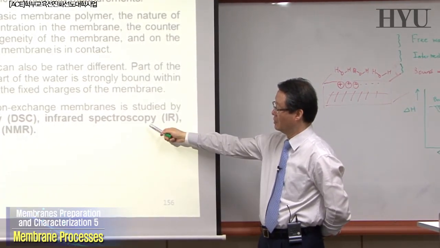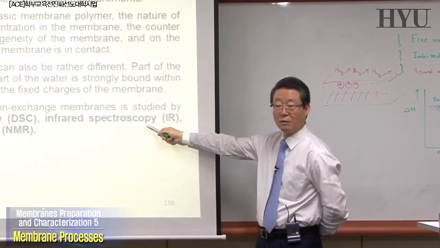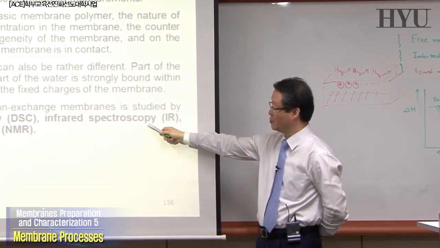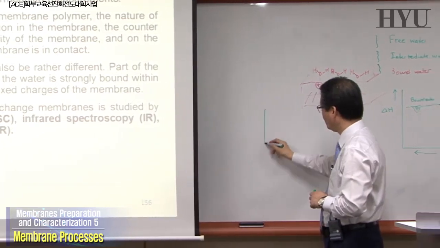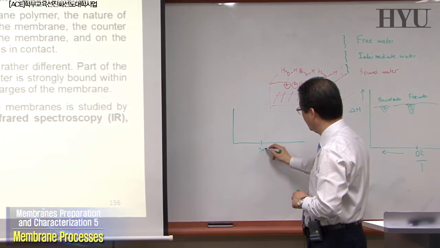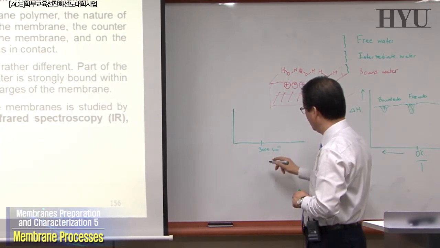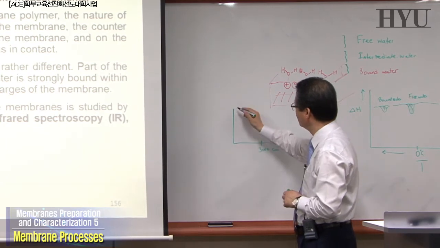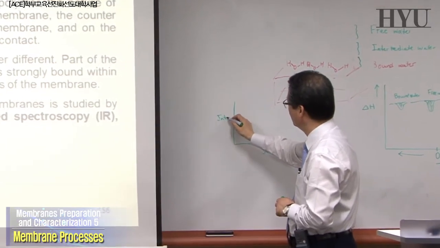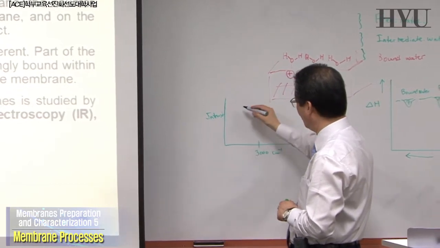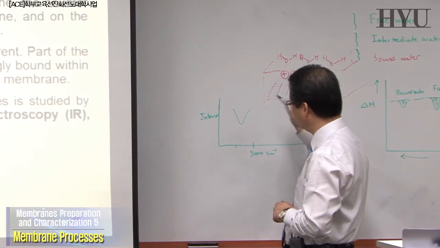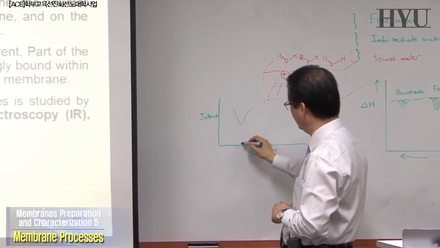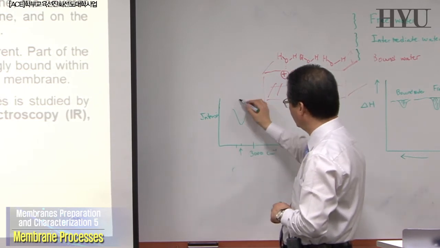You can measure whether you have bound water or not by using infrared spectroscopy, because infrared spectroscopy usually measures the hydroxyl group. If you have water, then it appears around the 3,300 absorption peak, and this peak usually comes from hydroxyl.